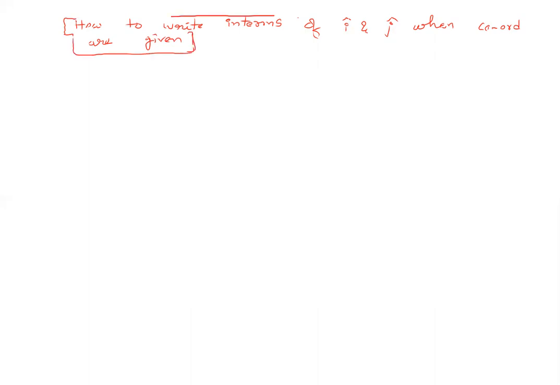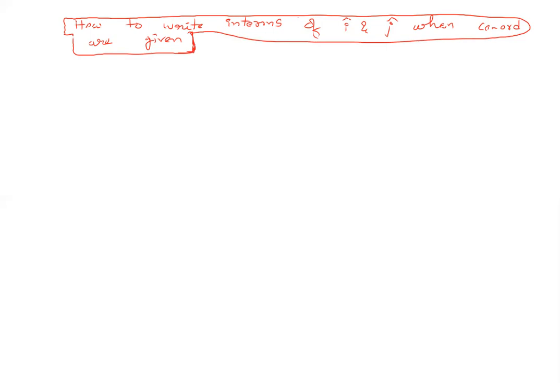How to write a vector in terms of i cap and j cap when coordinates are given.